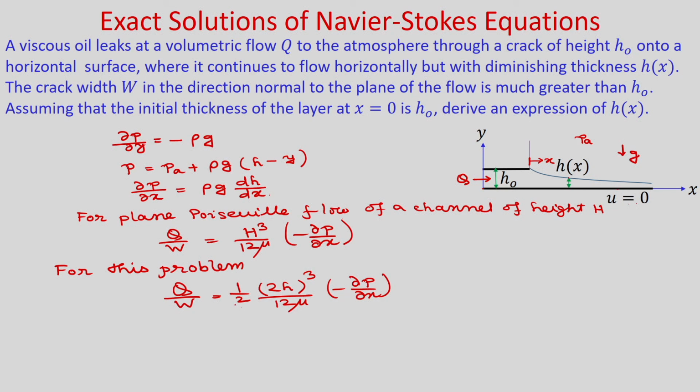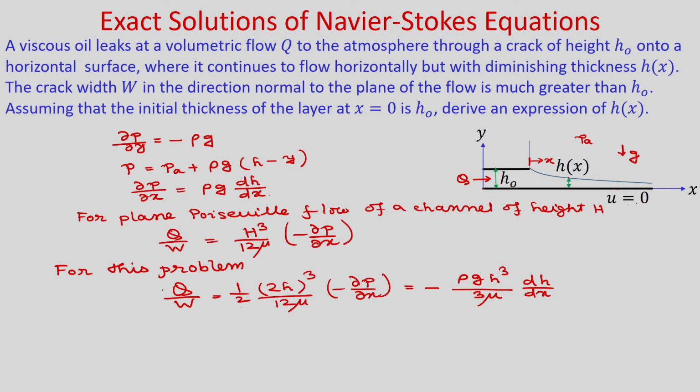Okay. So, from here now you can express this q by w, okay, in terms of dh by dx. So, del p by del x we know this. So, we can write this as minus rho g h cube divided by 3 mu dh by dx. So, h is a function of x, so dh by dx.